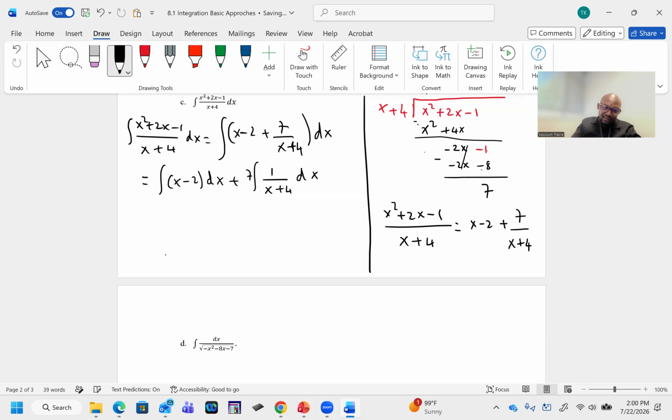So you would see this one will be 1/2 x squared minus 2x plus 7 ln absolute value of x plus 4 plus c, and that's it.